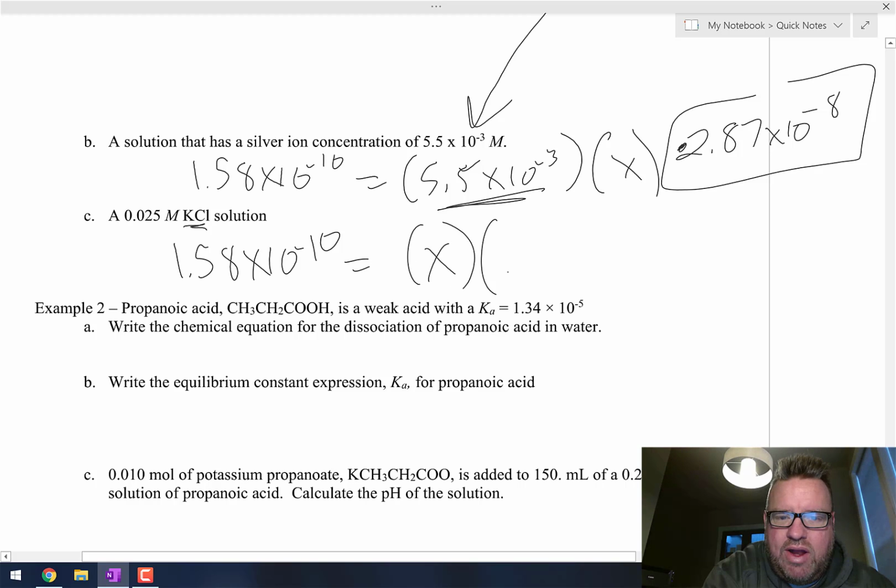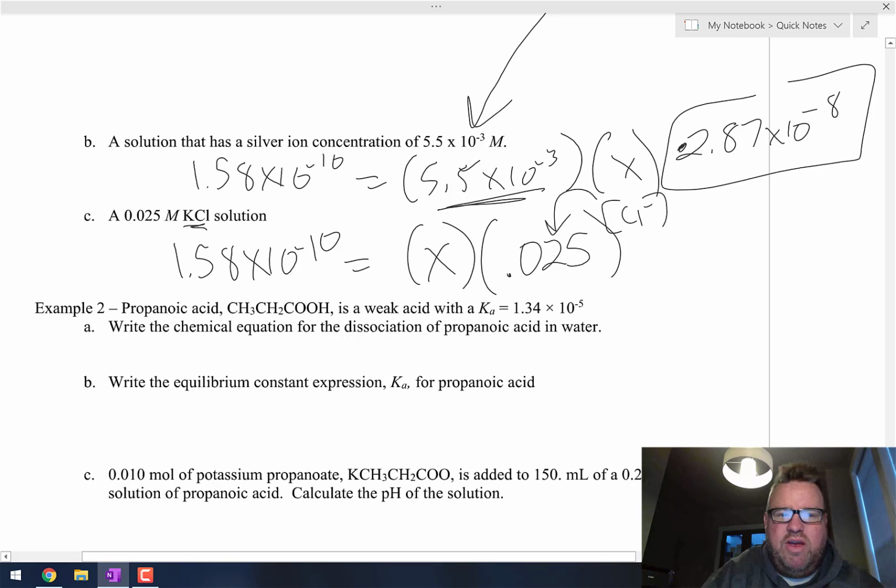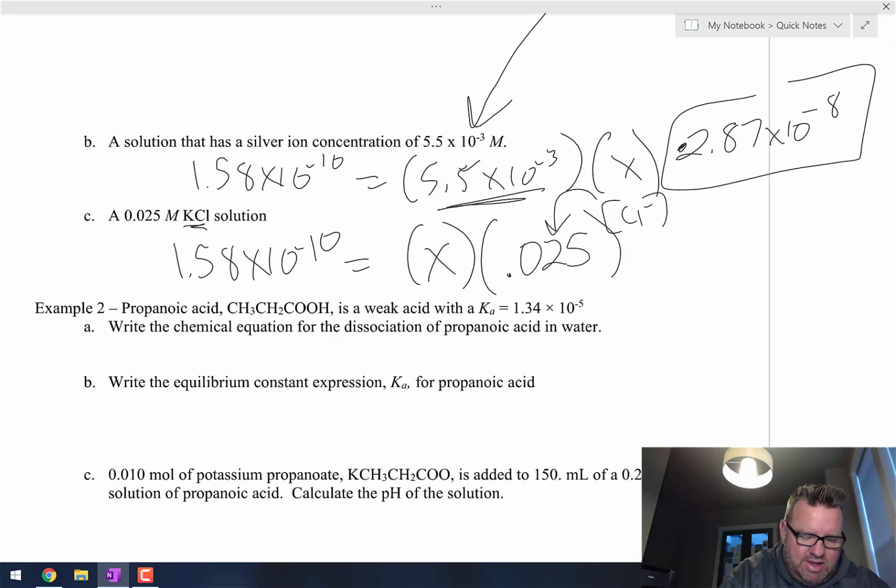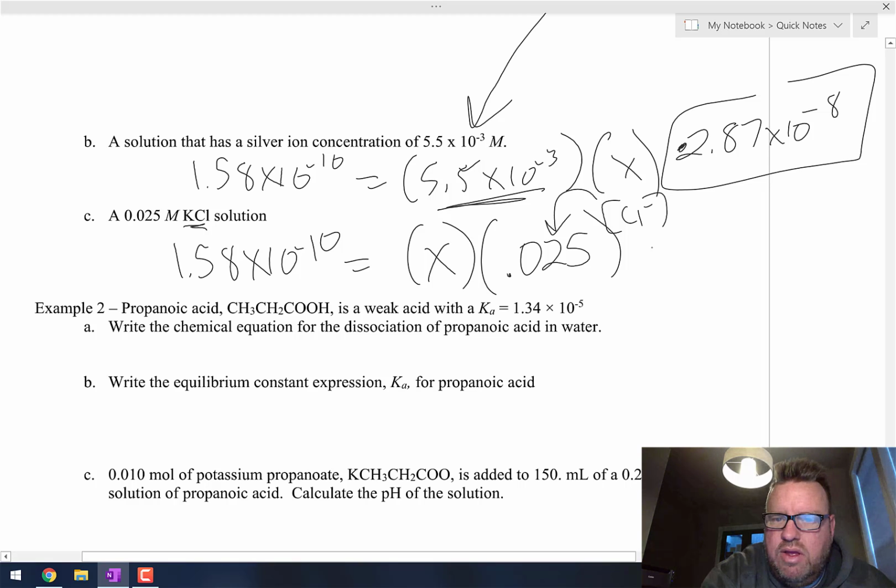So now we're going to have X times 0.025, the Cl minus concentration we put in there from that potassium chloride. So once again, 1.58 times 10 to the negative 10th divided by 0.025 equals the X value, the solubility, which is 6.32 times 10 to the negative 9th.